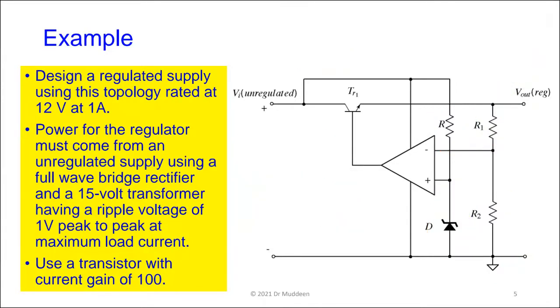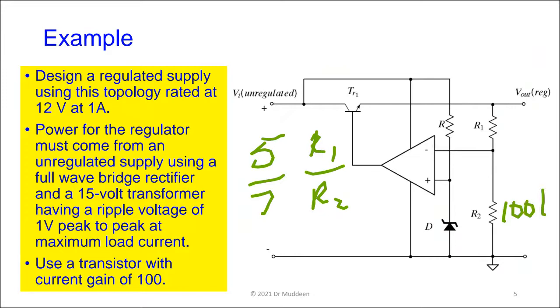So if the ratio is 5 to 7, that is R1 to R2, let's pick one. Let's call this 100K. If I pick R2 as 100K, then R1 is simply going to be 5/7 of that, whatever is the closest resistor value I could get.